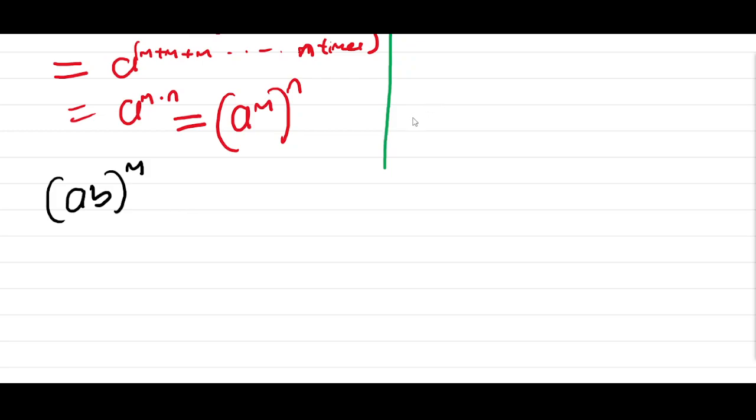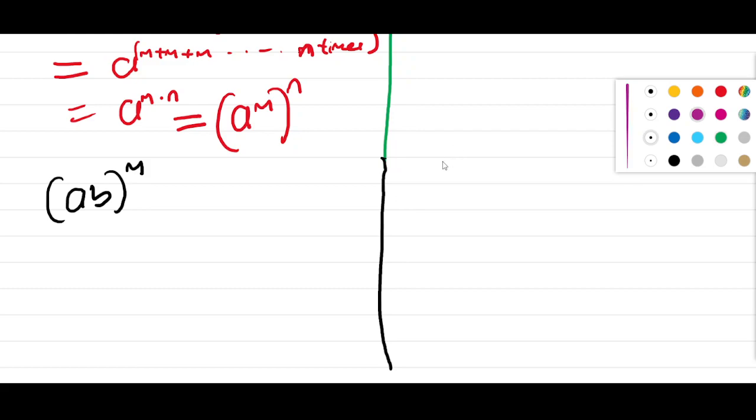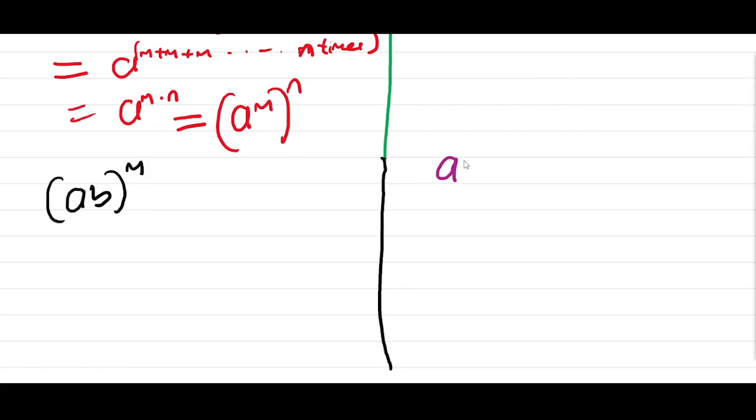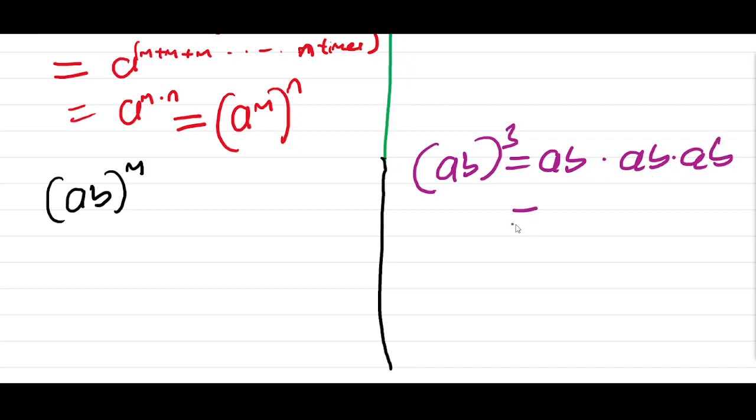If we have ab all to the power of 3, this will be ab multiplied by ab multiplied by ab, and we can group the a's and group the b's, because in multiplication it doesn't matter which order we take.